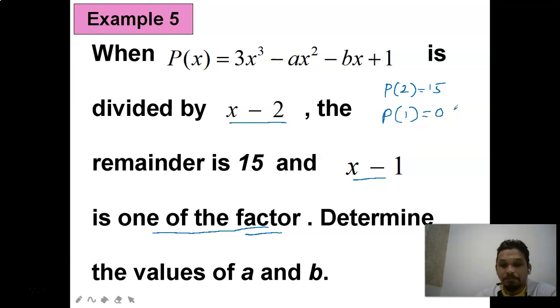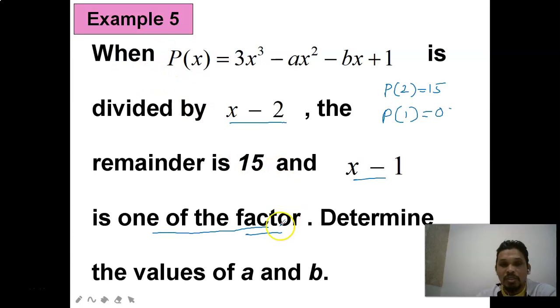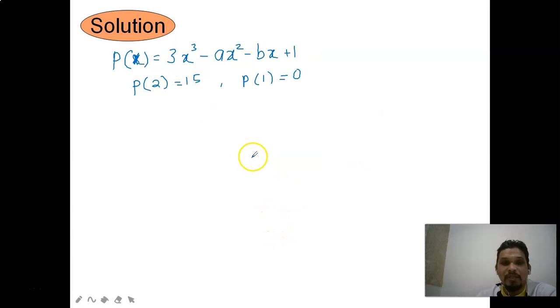Now you can see here we have the polynomial given, and these two pieces of information from the question. So the question wants us to find the values of a and b.